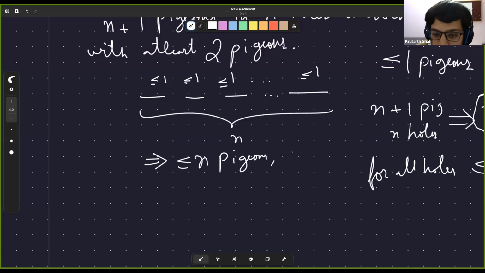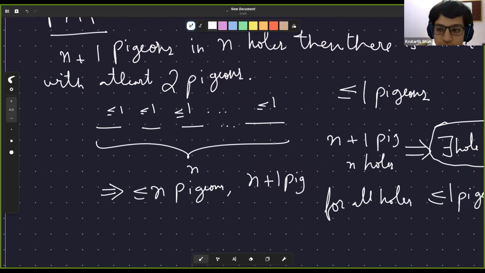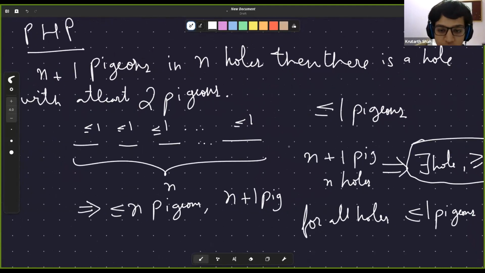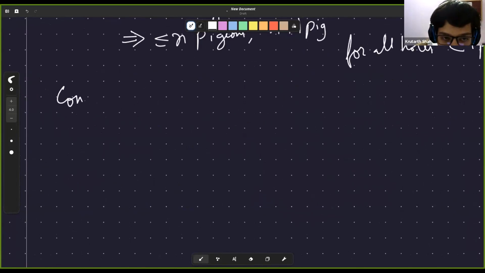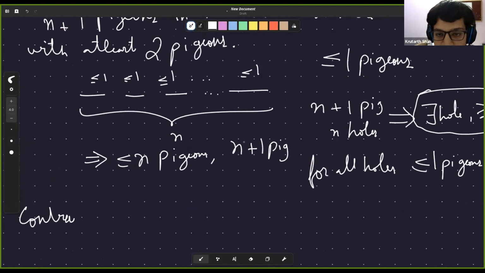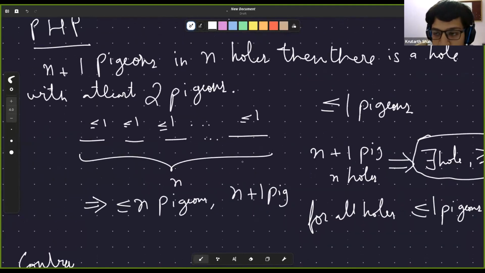But then we have n plus 1 pigeons. So that's a contradiction, right? So yeah, you can show things this way too. Now, another way of phrasing the same thing is using the contrapositive of the statement. Is the proof clear, by the way? If it's not, you can ask me, I'll repeat it.